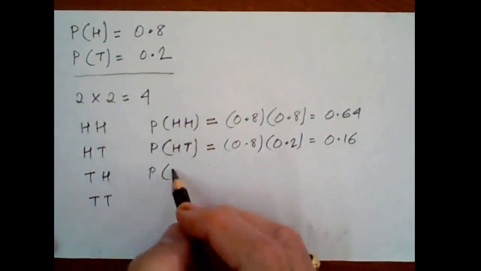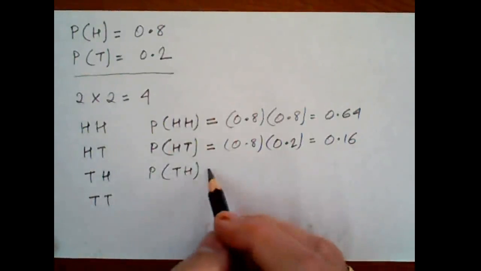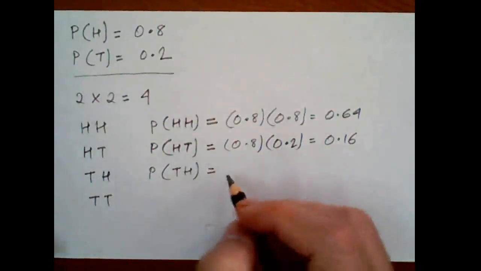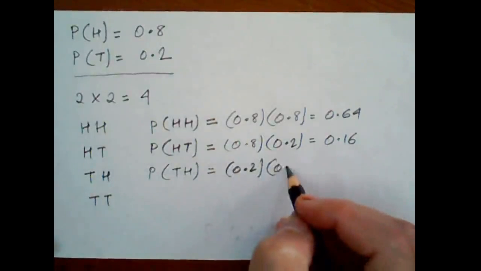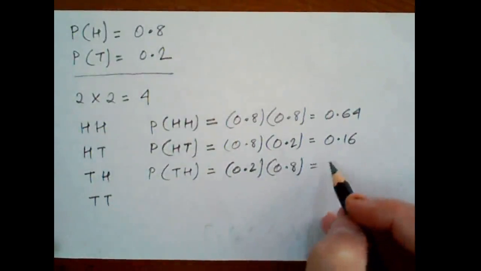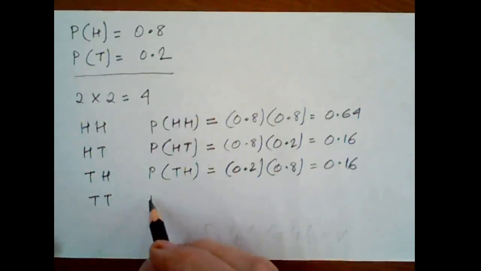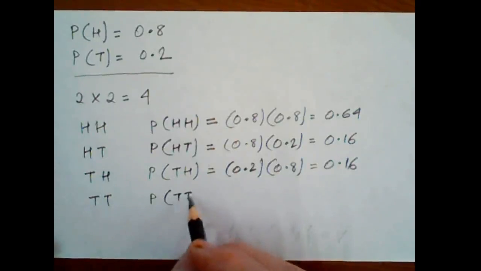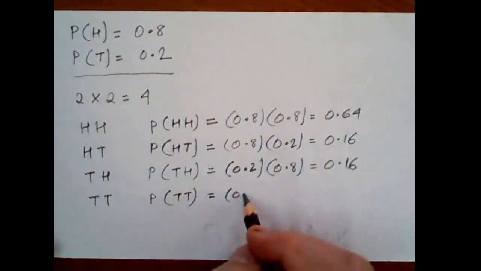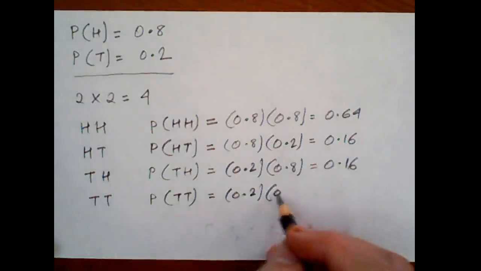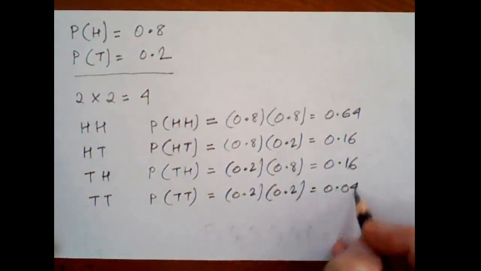Probability of getting T and H, meaning T in the first toss and H in the second toss, will be 0.2 times 0.8. That will again be equal to 0.16. And finally, the probability of TT is equal to 0.2 times 0.2, and that is equal to 0.04.